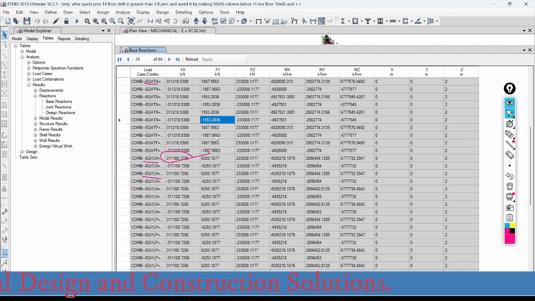So we need to avoid the repetitive load combinations of the linear static cases and response spectrum load cases. This is what I wanted to show you and what we are going to take into consideration during the load combinations.